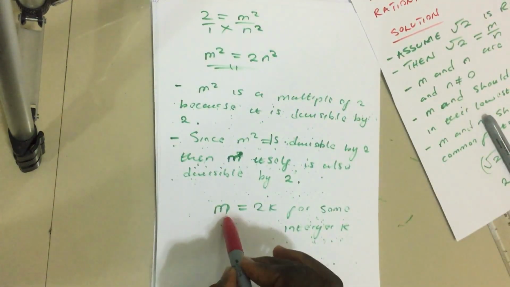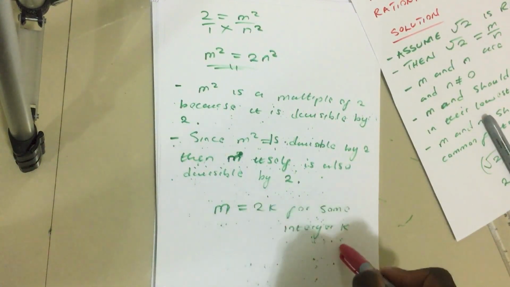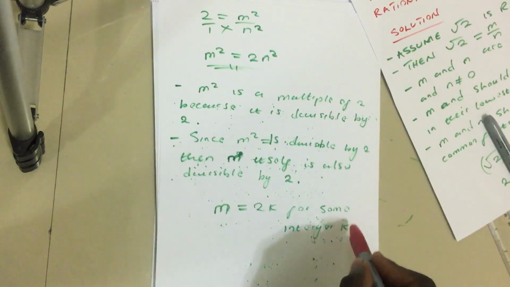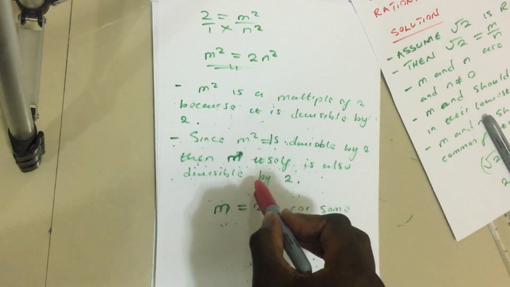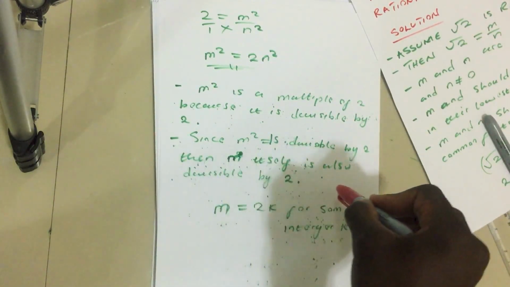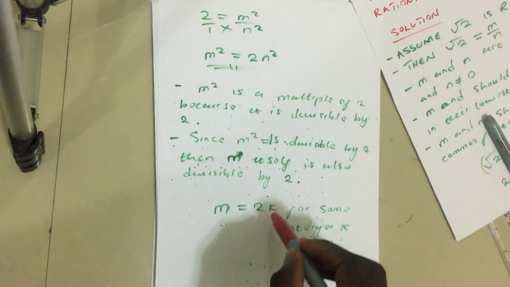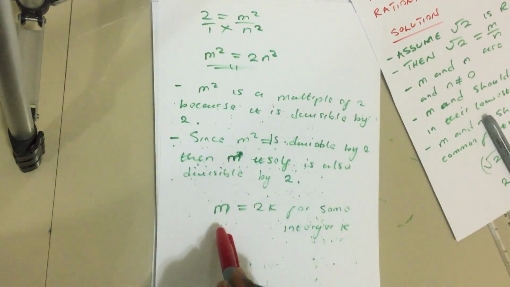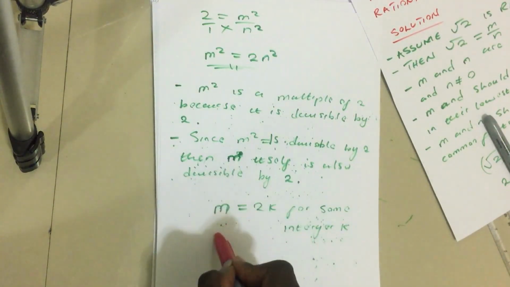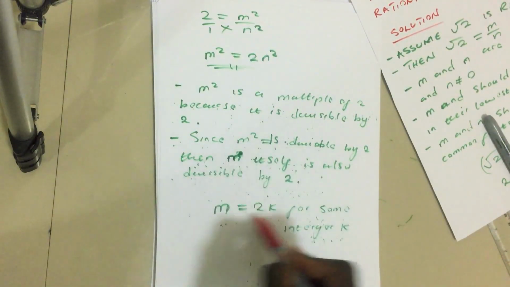So we're going to say m is equal to 2k for some integer k. The reason we have this expression is just to show what we mean when we say m itself is also divisible by 2. If we make k the subject of the formula, we divide by 2, and we can see that m is divisible by 2. That's what we're trying to show here.